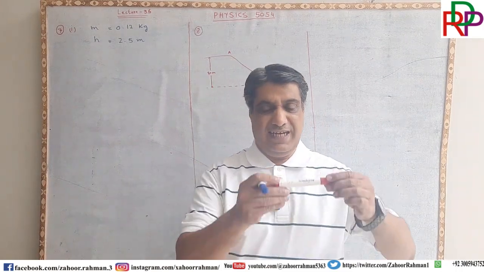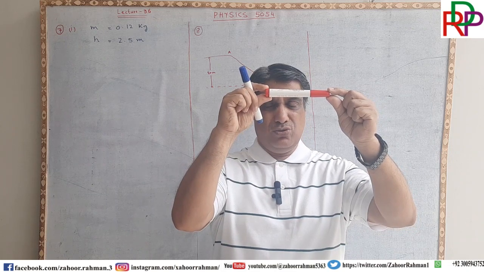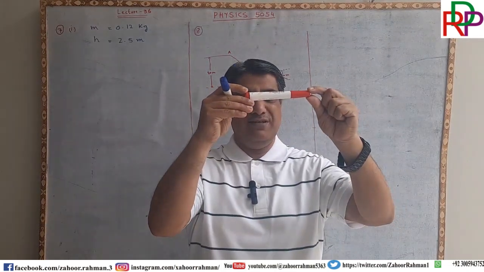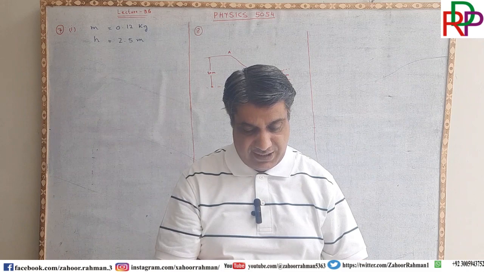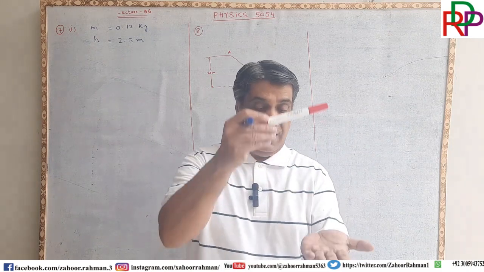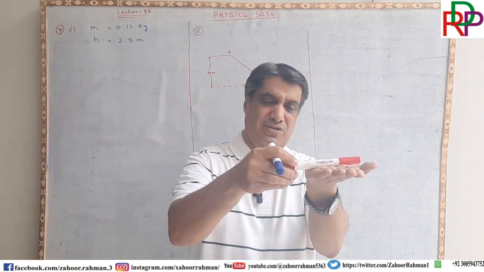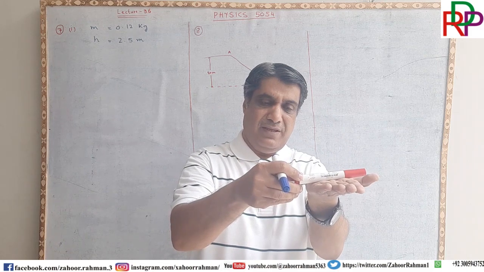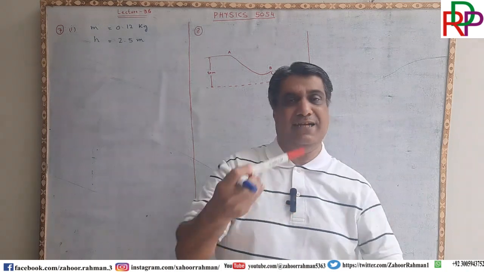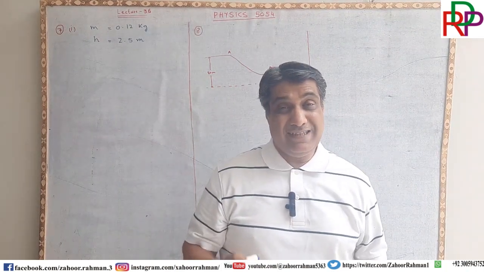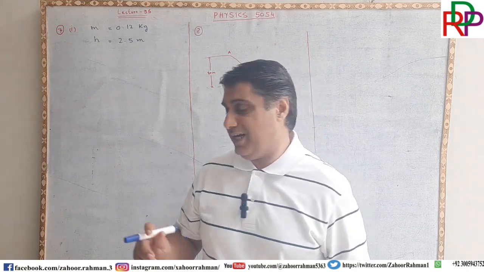We have to think that at the top, whatever the potential energy is at 2.5 meter height, when we release it, this potential energy is converting into kinetic energy. And before the impact, when they are touching the ground, everything is zero, kinetic energy as well as potential. But before the impact point, we have to find the kinetic energy. Then first we will find the potential energy at height.